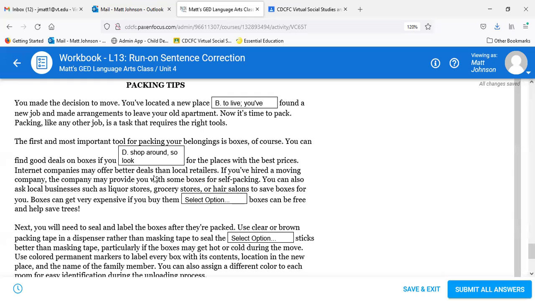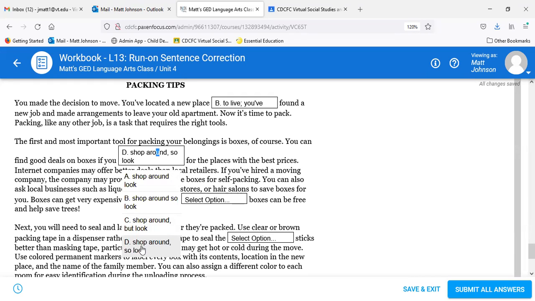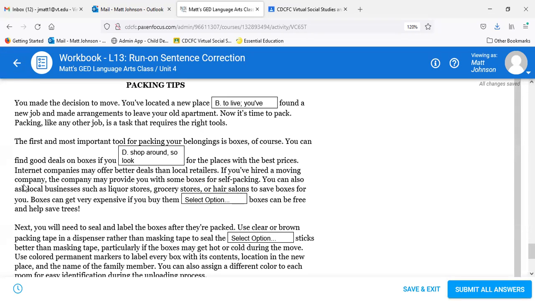So be careful when you run across things like that, because at first glance I have two options here that would be grammatically correct. So be careful with the context of the sentence. So find good deals on boxes if you shop around, comma, so look for the places with the best prices.